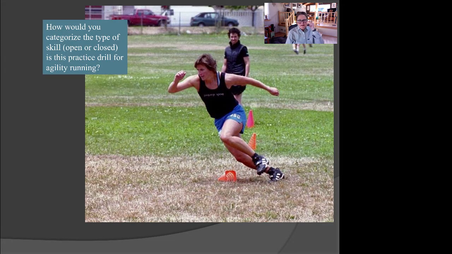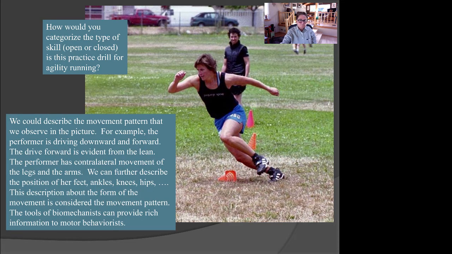So here's Sherry, a graduate of our undergrad and grad program. You've seen pictures of her in a football uniform. At any rate, how would you categorize the type of skill, open or closed, that is part of this agility drill that she's involved in here, running around these cones? I would say that it is a closed skill. The relevant factors in the environment, which are the cones, are stationary.